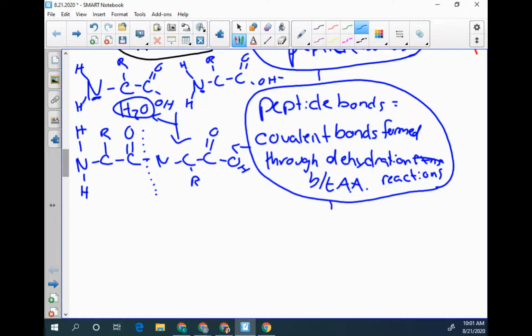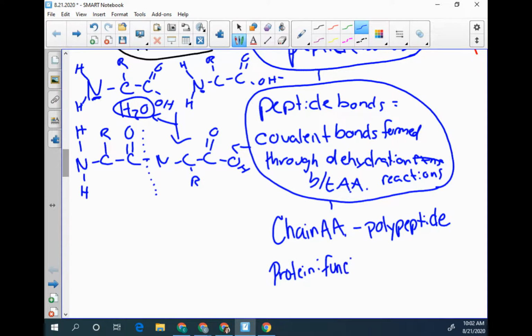So a chain of amino acids is called a polypeptide. The difference between a polypeptide and a protein is that a protein is a functional polypeptide with a 3D shape.